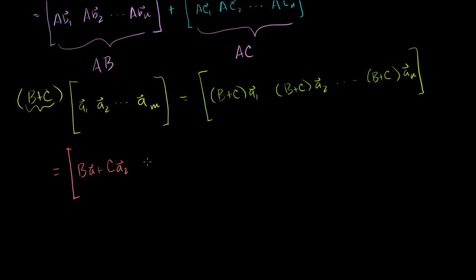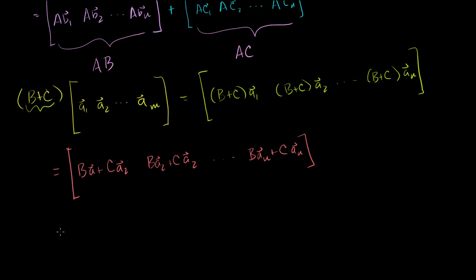That's the first column. The second column is B times A2 plus C times A2, all the way to B times AN plus C times AN.